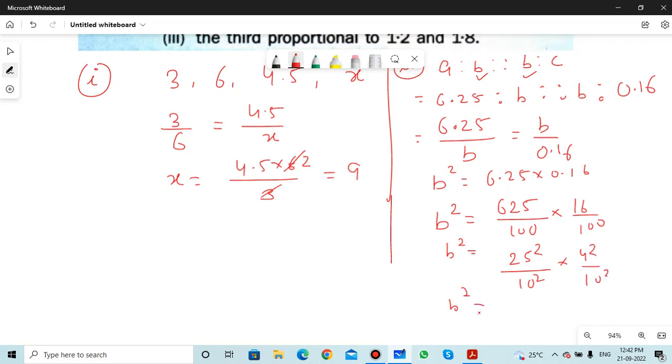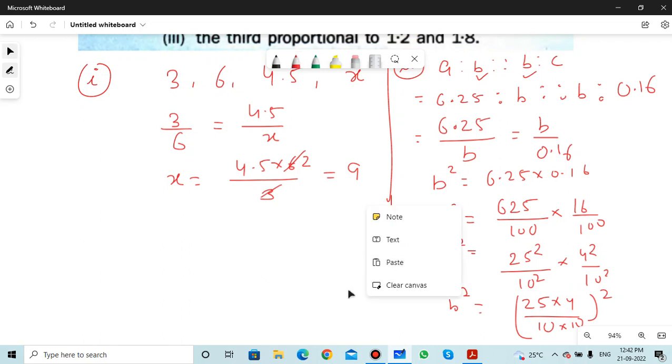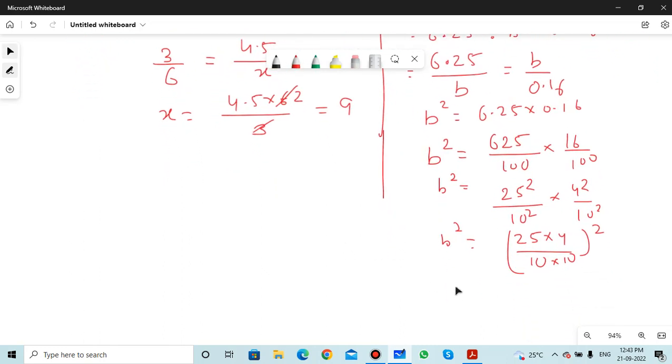So I can write B square is equal to 25 into 4 upon 10 into 10, and all of this has got a square, so the square will get cancelled.